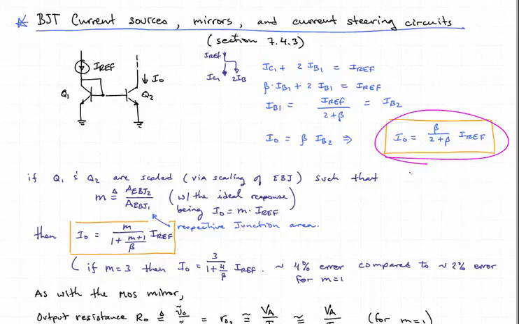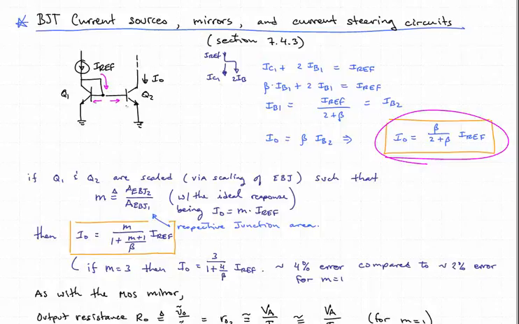And primarily what is happening here that results in IO being less than IREF is that some of IREF actually flows down through this branch here and splits, supplying the two bases.